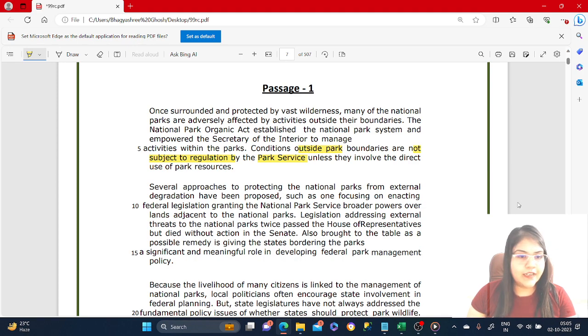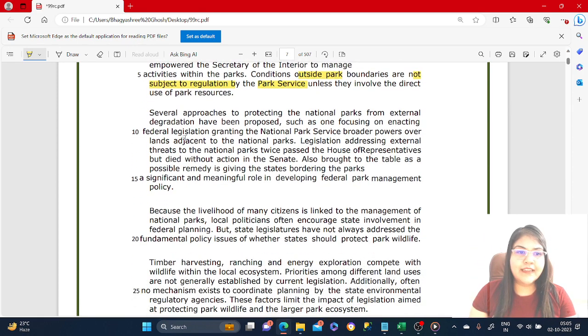Next we move further. Several approaches to protect the national park from external degradation. So the park is facing external degradation. So many proposals have been made to protect the park not from inside but from outside. And then they are giving some examples, not that important because that's just an example.